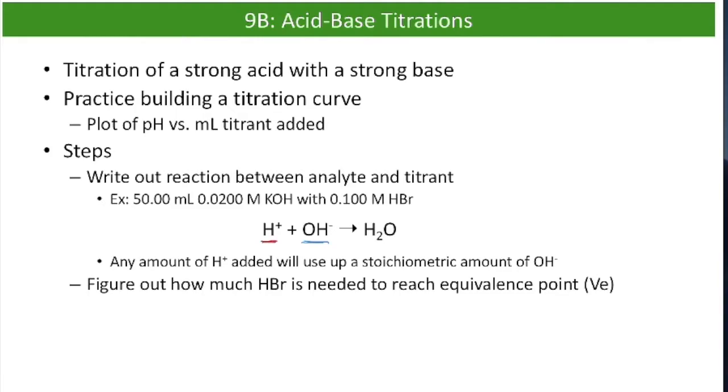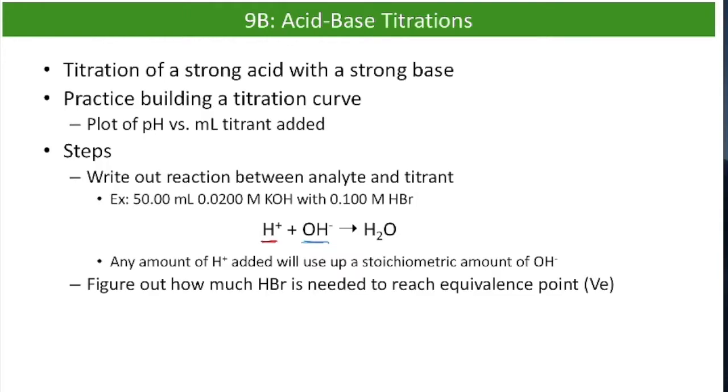Any amount of acid or H+ that we add is going to react completely with the base in solution. So if we add 1 mole of H+, it's going to react with 1 mole of OH-.